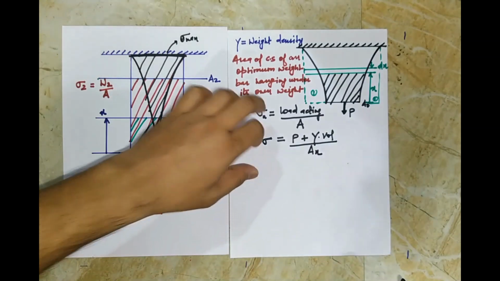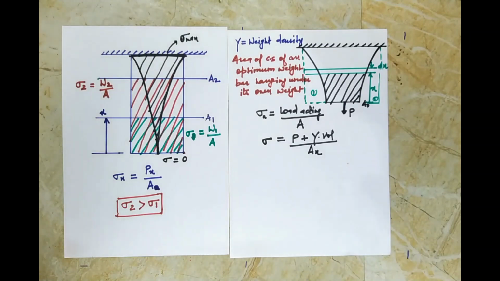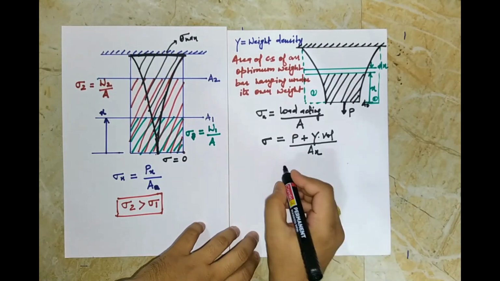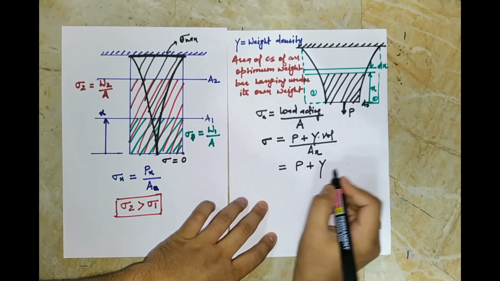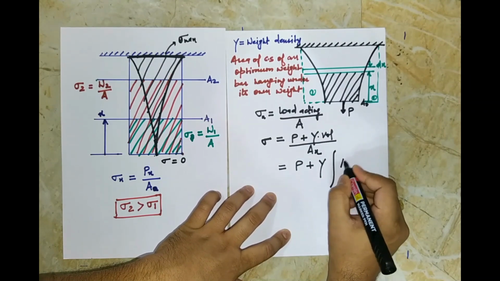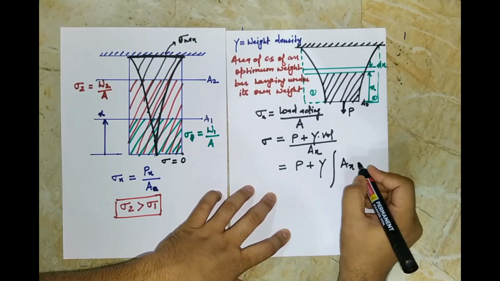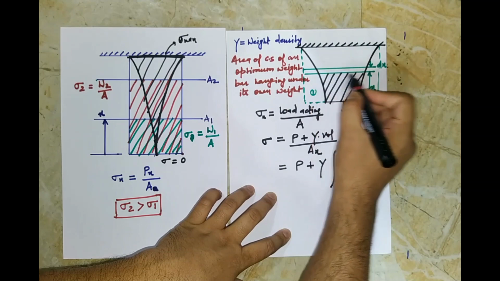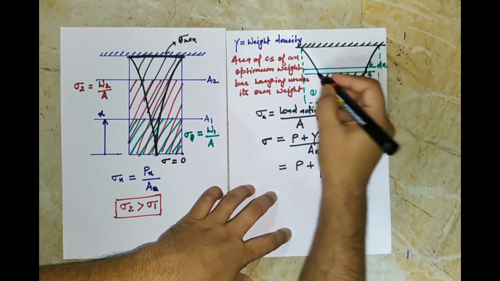Now sigma, as we are assuming it is equal throughout the volume of the bar, we will take sigma x as sigma only. Now this can be written as P plus gamma into volume, which can be written as Ax, the area of cross section, into dx. Area of cross section into dx is the small volume of this element, if we consider it a straight one.